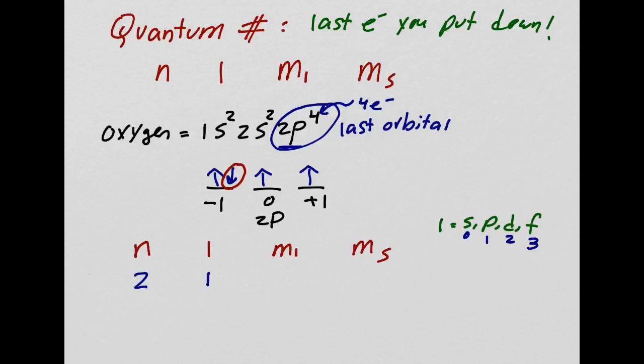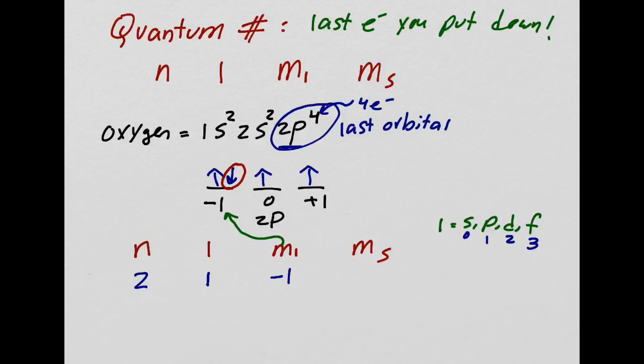Now, M sub L is the orientation, right? So M sub L, if you remember, these are M sub L. The last electron is in -1 M sub L. That's the orientation. So it's going to be -1.